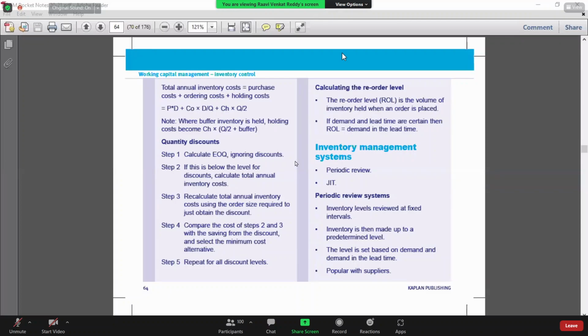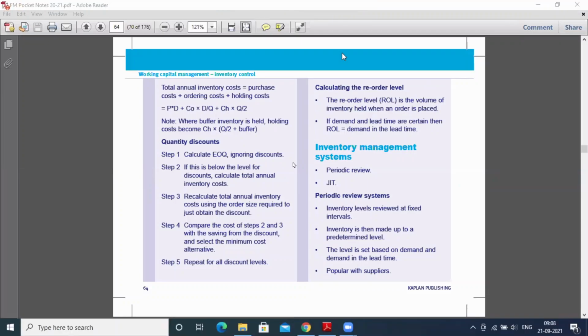So like this, we need to go through the complete discount levels. It is just like a trial and error method. The simple steps are: step number 1, calculate the EOQ. Step 2, calculate the total inventory cost by considering the EOQ. And then different order quantities are to be considered and accordingly we need to go with the calculation.